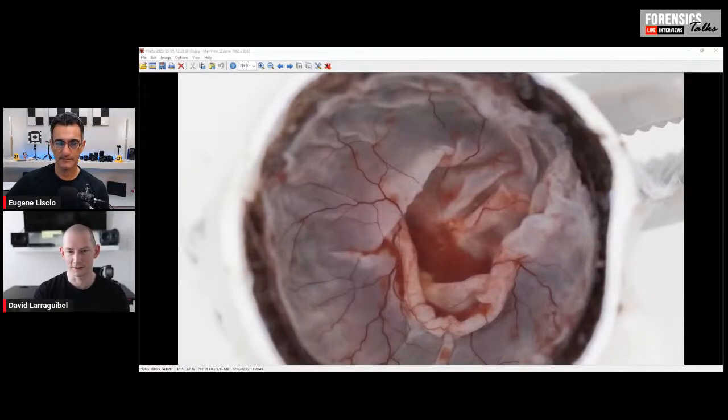And so this eye was opened at autopsy to look for the presence of possible retinal hemorrhages, which are present as these kind of small, round, reddish spots that are overlapping some of the vessels there.